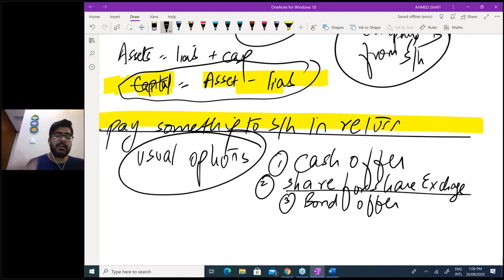And the third offer is called bond offer. You take the shares of company B from its shareholders and give them bonds, interest bearing instruments, in return.